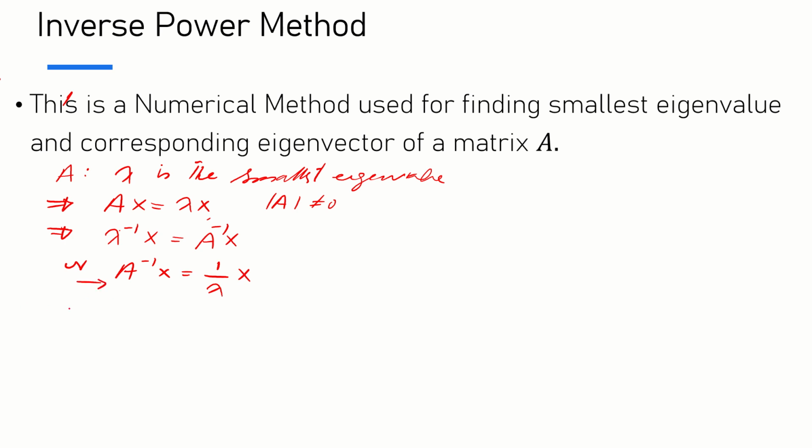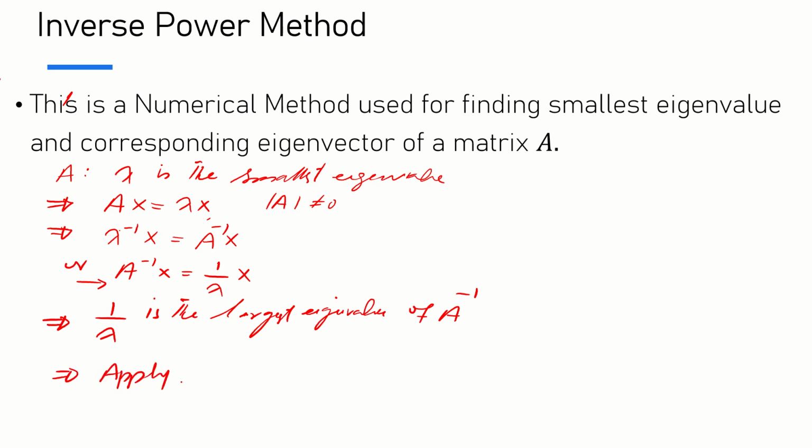This equation basically means that 1 over lambda is the largest eigenvalue of A inverse. It means to find 1 over lambda, we need to apply the power method on A inverse.